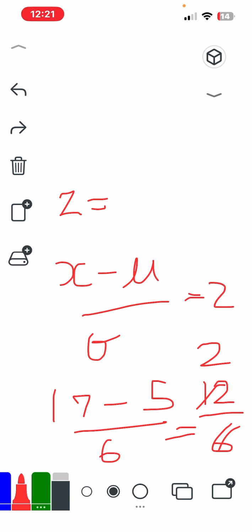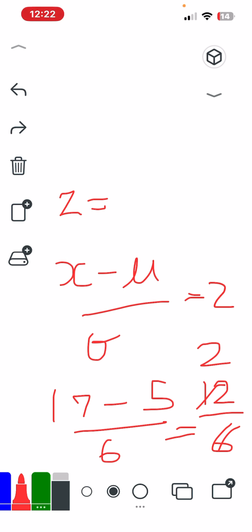Because this is positive 2, something you would see on the right side of 0 on the number line, this means that x is 2 units to the right of your mean, which is 5.